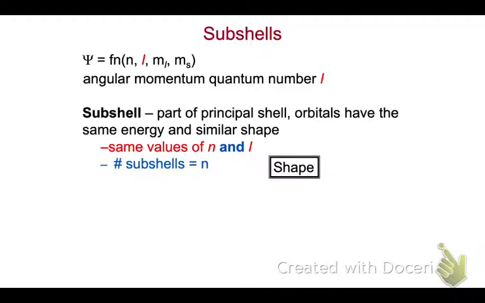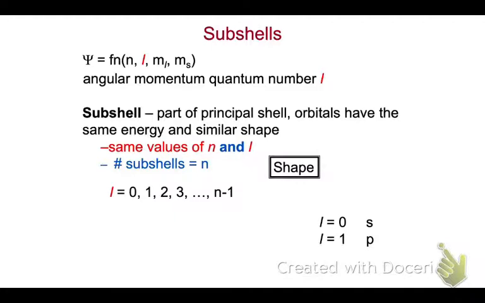What you need to know is that the angular momentum quantum number L describes the shape of the orbital. The values of L start from 0, 1, 2, 3, all the way to n minus 1. When L equals 0, this refers to an orbital we call s.